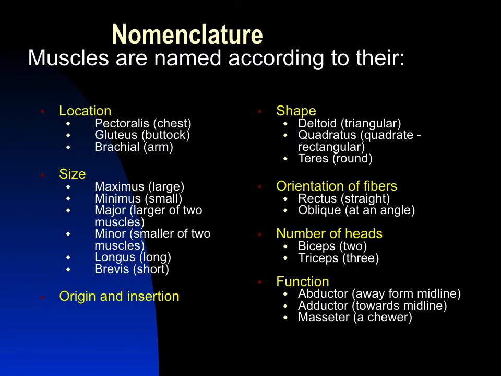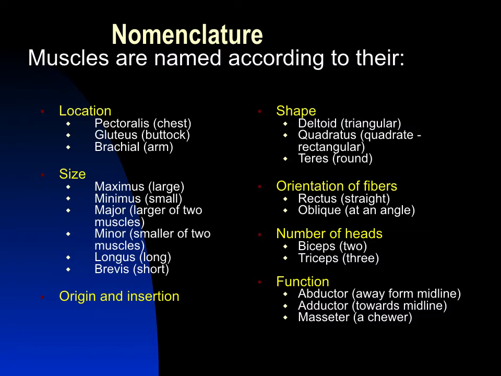Okay, I want to say a little bit about muscle names. Muscles generally have very basic names. They're named for some aspect of their anatomy or some aspect of how they function. So it may be naming the body part that they're on, like pectoralis or gluteus or brachial, or maybe it's related to their size. Maximus and minimus are probably the two most common names, but you also get things like longus.